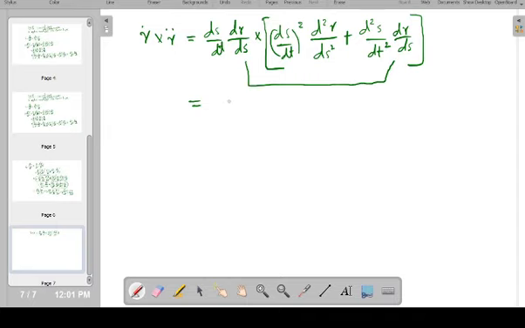So you are left with this, and the scalar can be taken out. ds by dt into ds by dt the whole square is ds by dt the whole cube into d gamma by ds cross d square gamma by ds square.